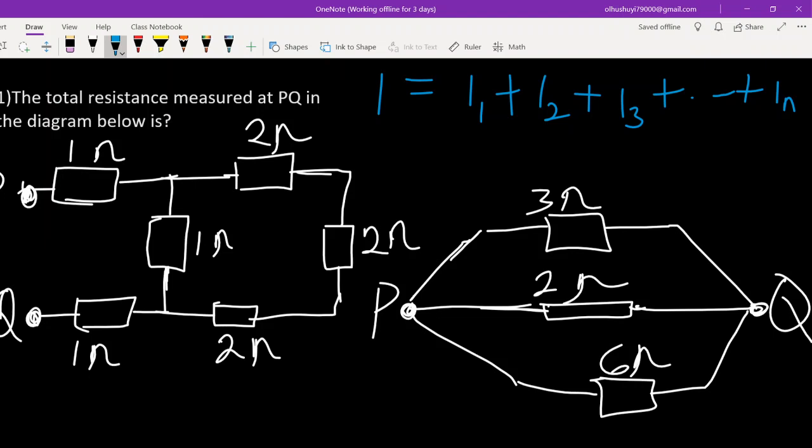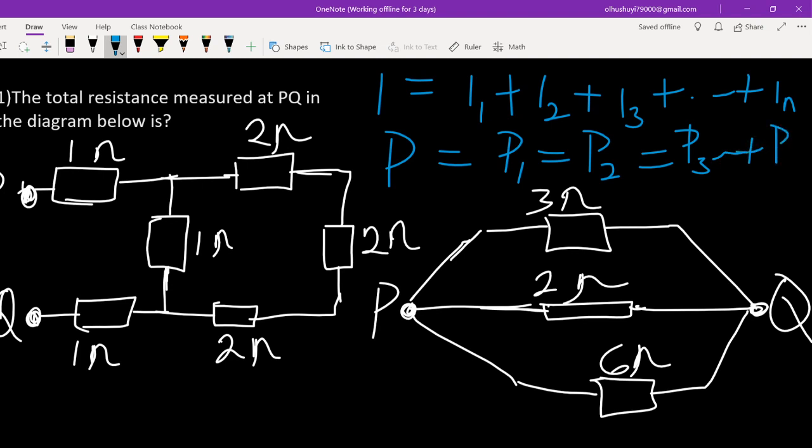While the potential difference V1 is equal to potential difference V2, equal to potential difference V3, all along till you get to the nth potential difference. So the potential difference across the resistors is the same, unlike that of series arrangement. So we have them differ that way, but we'll go to the calculations concerning that in another video.